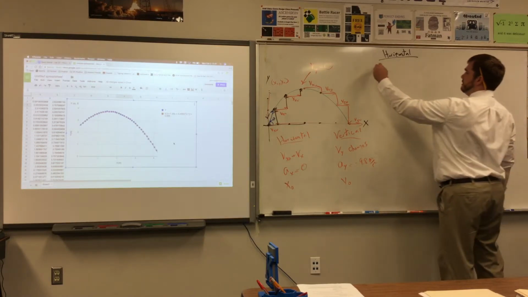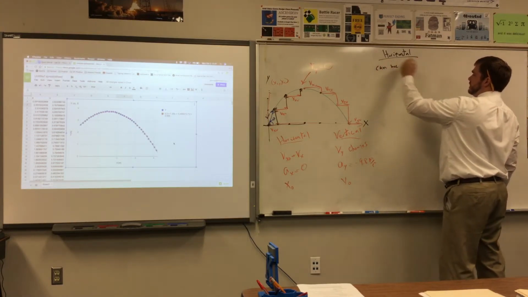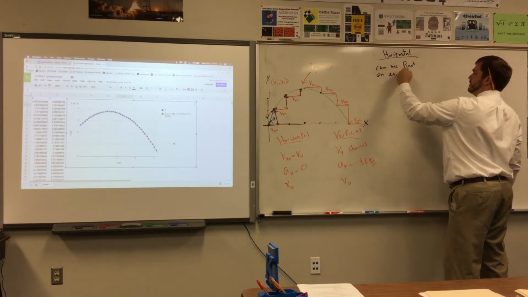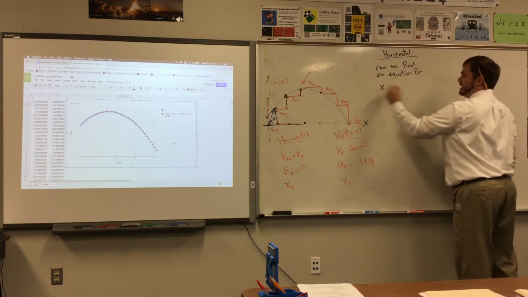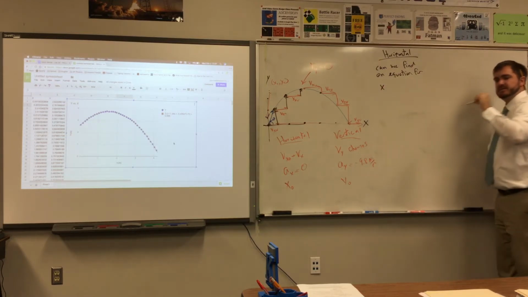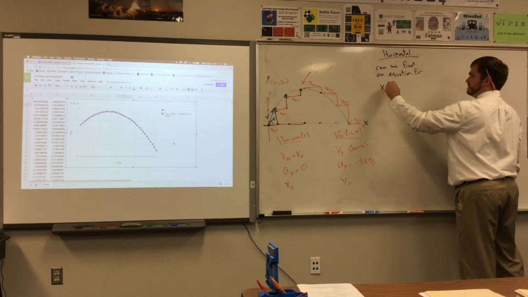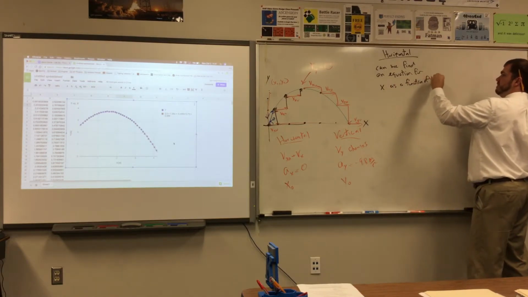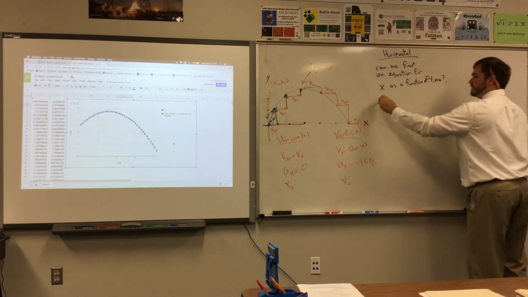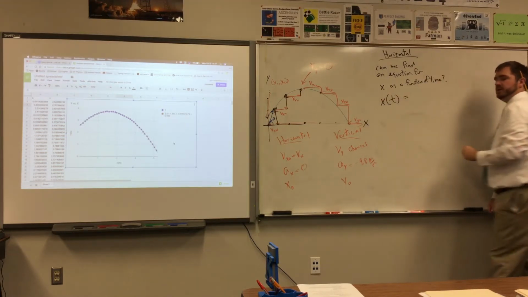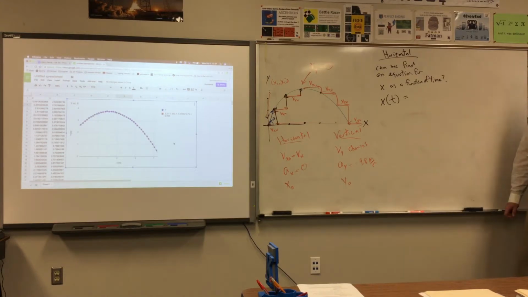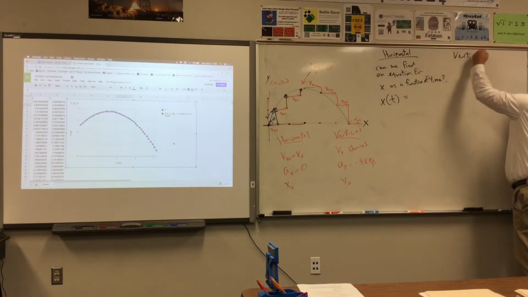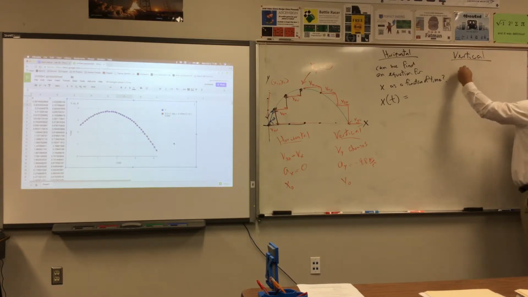Can we find an equation for the x as a function of time? In other words, can we find x of t equals something? And then we're going to do the same thing for vertical.